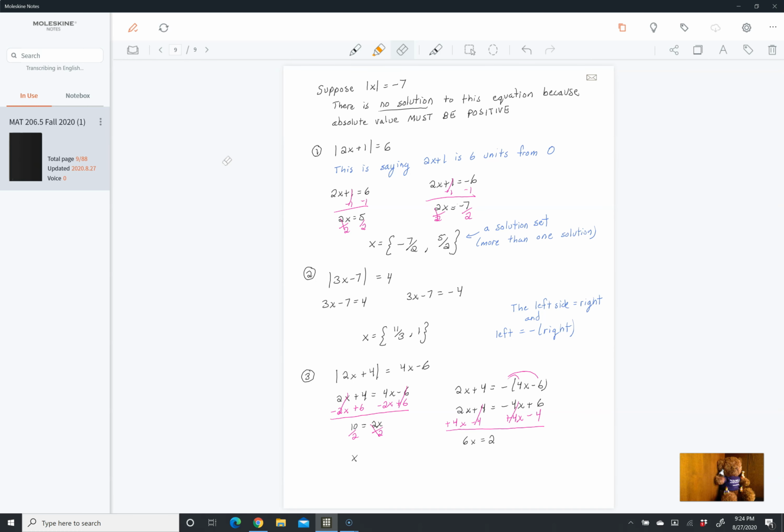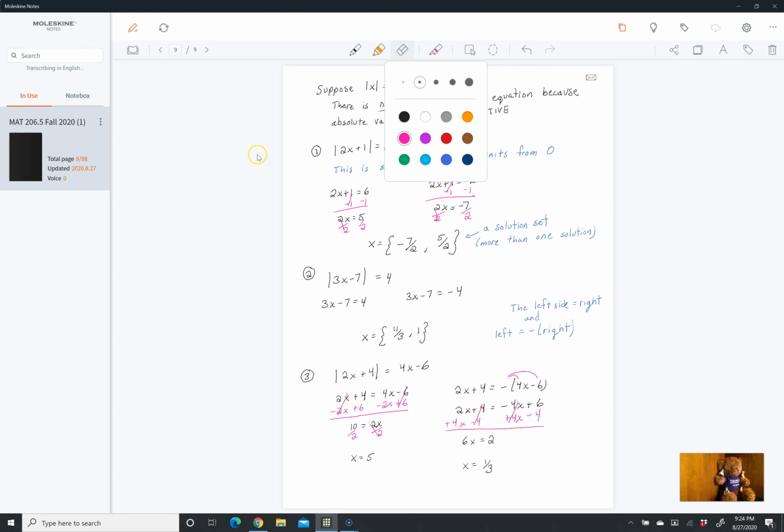Here we got x equals 5. Here we get x equals 2 over 6, or 1/3. Okay, so you're dividing both sides by 6 here. And this is an example where you would not leave it as 2 over 6. You would reduce that fraction.